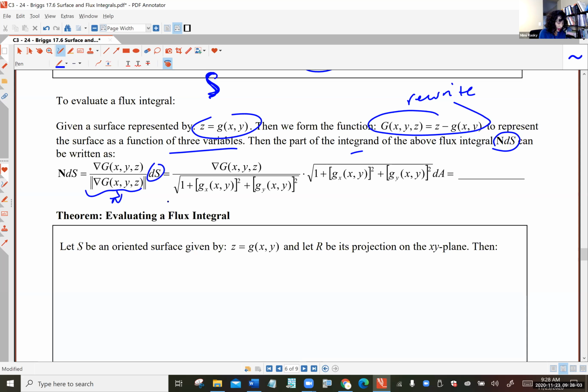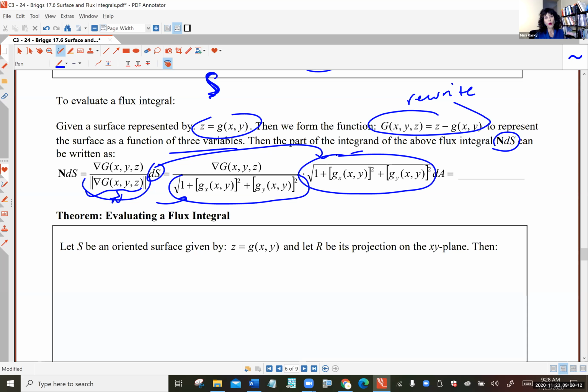But now this magnitude, which I showed you on the previous page, is this big old radical, and the surface area element is the same radical. So these cancel. You're only left with the numerator of the gradient of big G. So you don't even have to worry about unitizing it, because that cancels anyway.